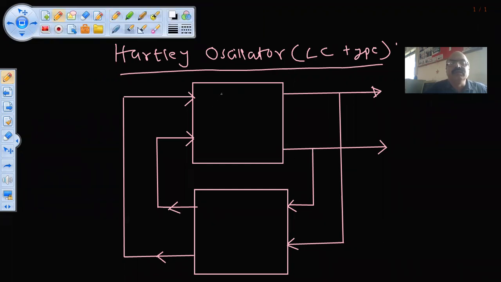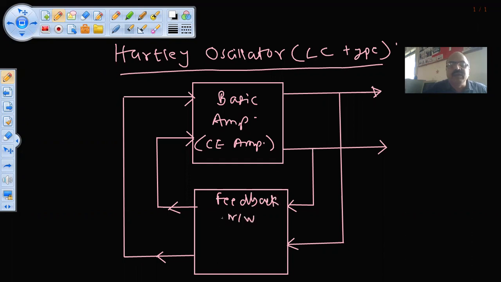Is it clear now? This is the basic amplifier. We call it the CE amplifier. This is the feedback network. The feedback network, in case of the Hartley oscillator, consists of two inductor coils. One is L1, another is L2, and one is C, that is a capacitor across a coil.